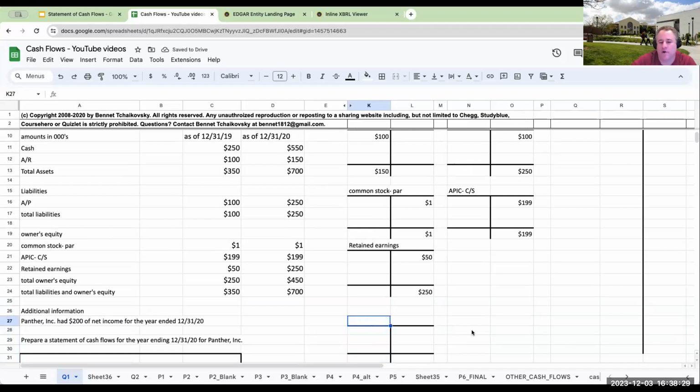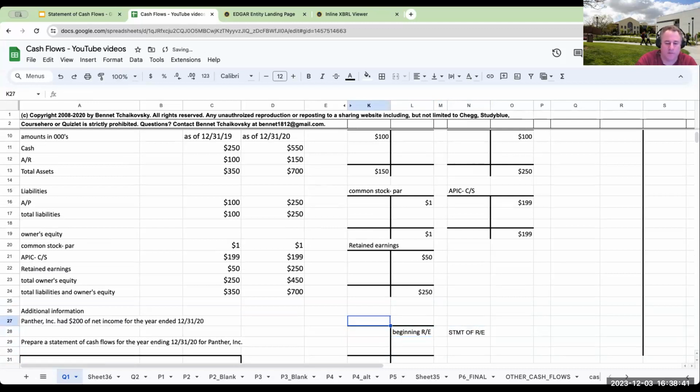Well, if you remember our statement of retained earnings, right? What did I start with? I had beginning retained earnings, right? What increases it, right?